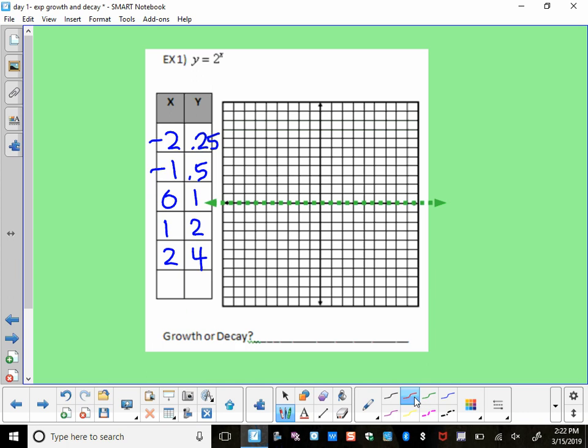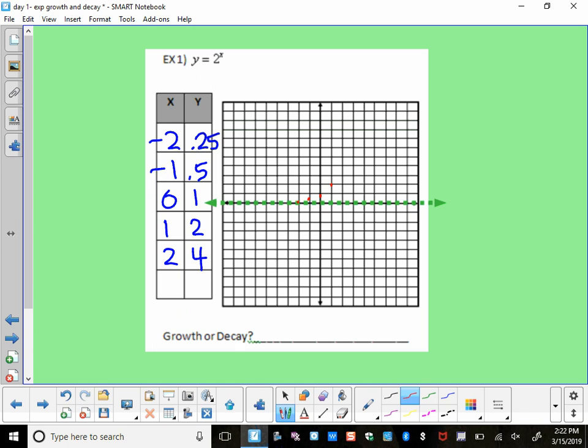All right, let's plot these points. We always start at the origin, 0, 0. So the first one is -2, 0.25. When we have to graph decimals, try to get as close as you can. Okay? So -2, 0.25 is going to be barely above my 0. -1, 0.5. 0, 1. 1, 2.